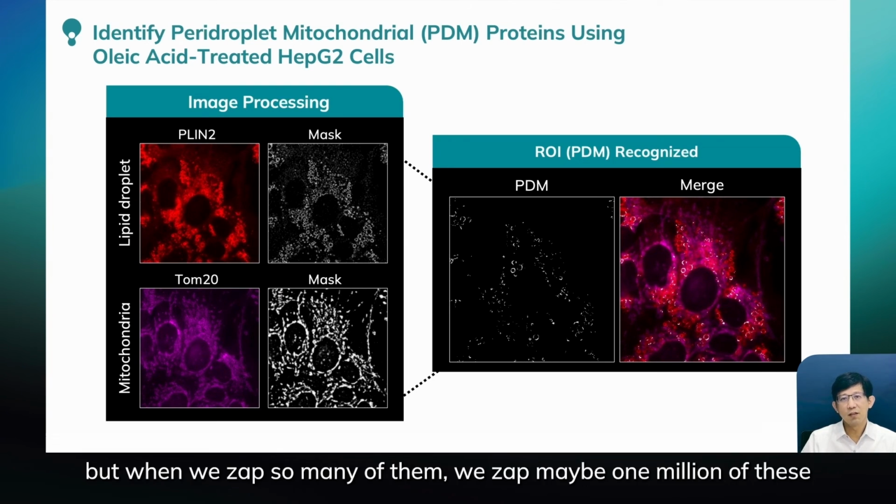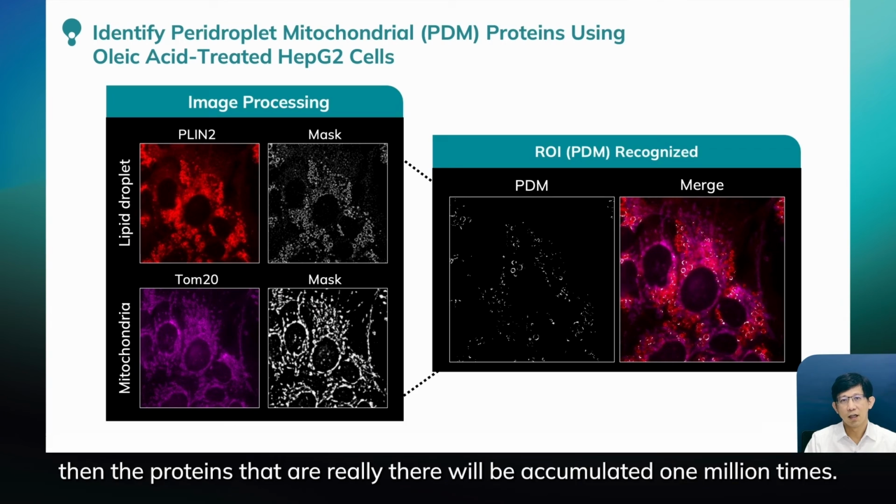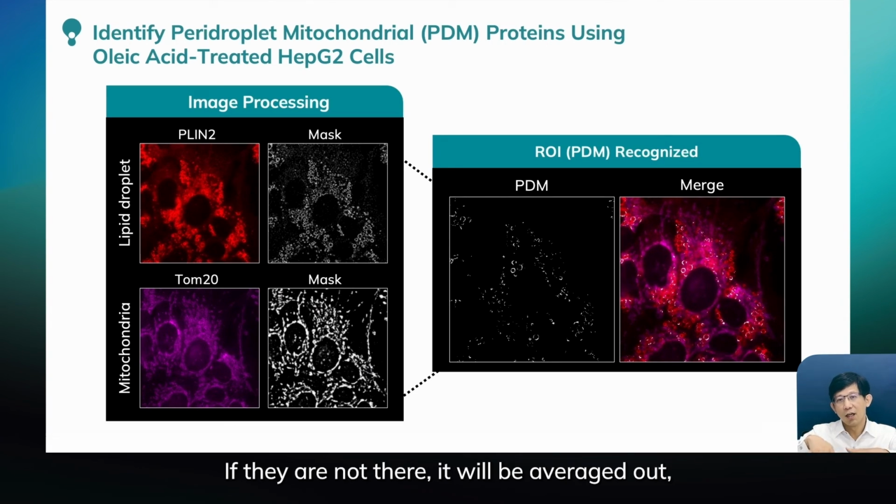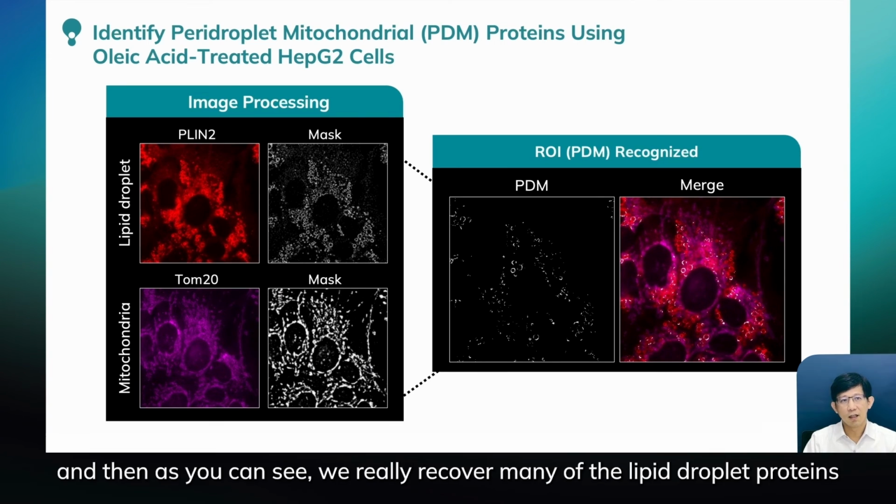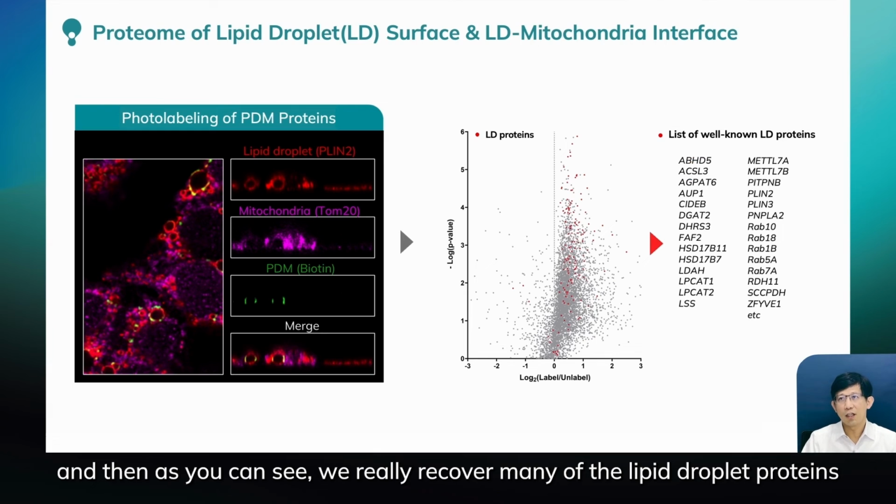But when we zap so many of them, maybe 1 million of these locations, the proteins really there will be accumulated 1 million times, and the ones that are not there will be averaged out. So you really identify the proteins in this peridroplet mitochondrial interface. And we really recover many of the lipid droplet proteins.